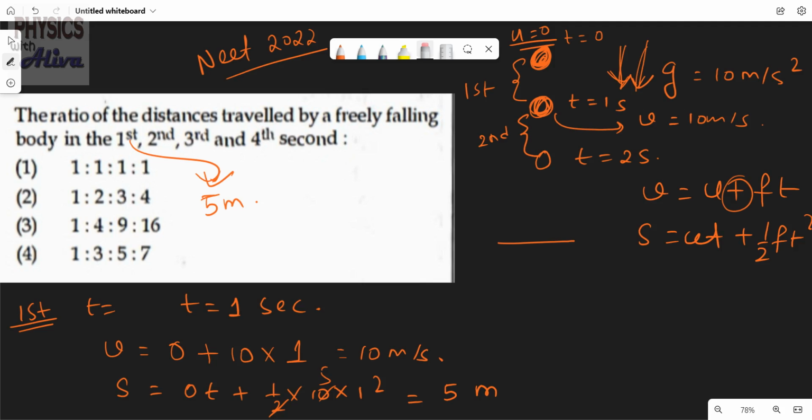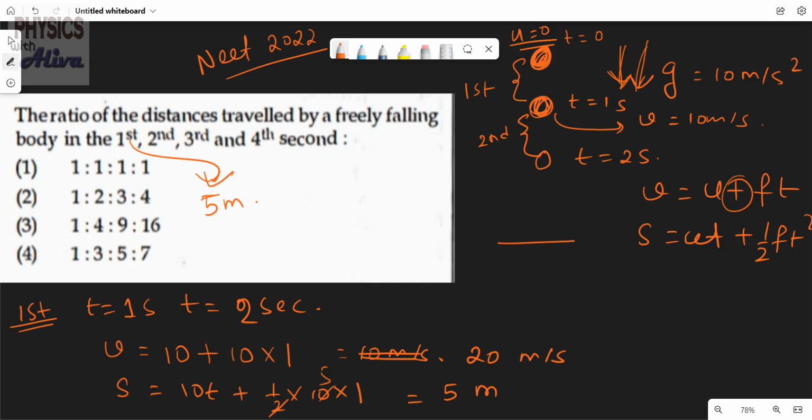For the second second, this value will change. We will just delete this. For the second second, the time starts from 1 second and ends at 2 seconds. So the time span is also 1 second. Here U is 10 meter per second and the time span is 1. So here we will get V as 10 plus 10, 20 meter per second.